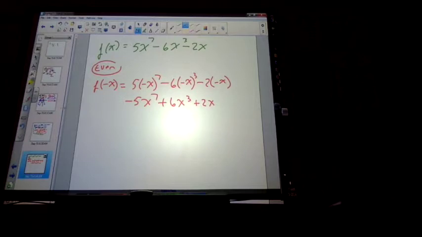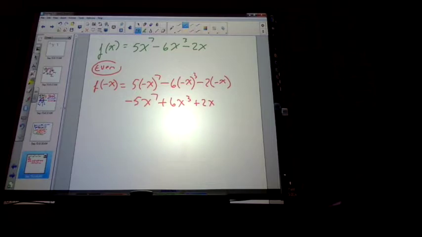So if I plug negative x in, and my answer, once I do the arithmetic, is the same as the original, it's going to be an even function. What you're seeing right there is 5x to the 7th minus 6x to the third minus 2x, the same thing as negative 5x to the 7th plus 6x to the third plus 2x. So is it even? No.